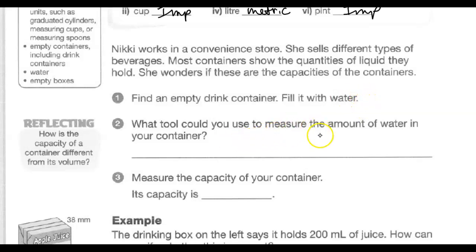What tool could you use to measure the amount of water in your container? So you could pour it into a measuring cup. That would be the most common. If you're at school, in the science lab, maybe you have a beaker. Okay, measure the capacity of your container. It should be about 355 milliliters for a pop can.